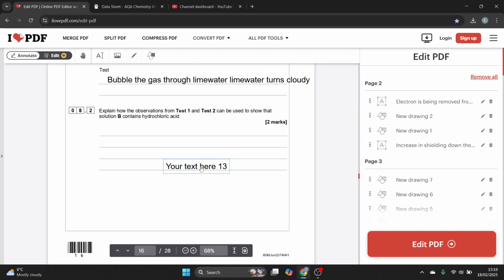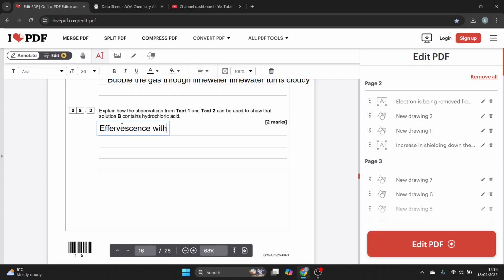So what I'd say is that effervescence with sodium carbonate, so it contains H plus ions, or you could say effervescence with sodium carbonate, therefore acidic.